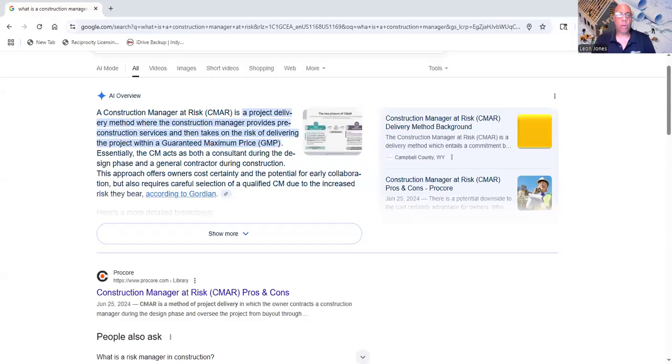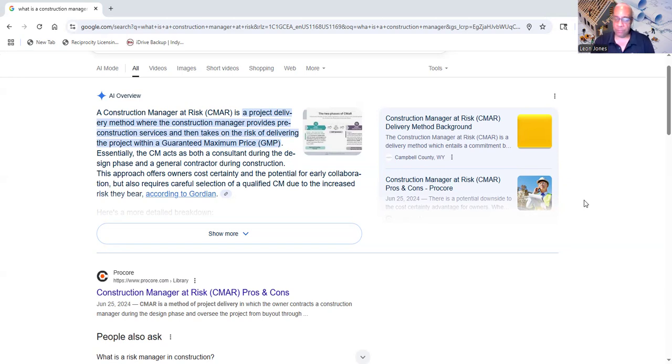Well, the construction manager at risk is a project delivery method. It's basically where the construction manager provides pre-construction services and then takes on the risk of delivering the project within a guaranteed maximum price.